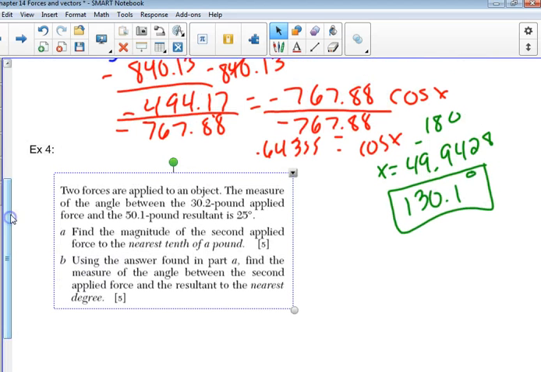I put it in my calculator the same way. What's in your calculator? So yours is the ending answer. You found this, right? 49.48. You want this. You're not subtracting this part; you're subtracting 840.13 from that.